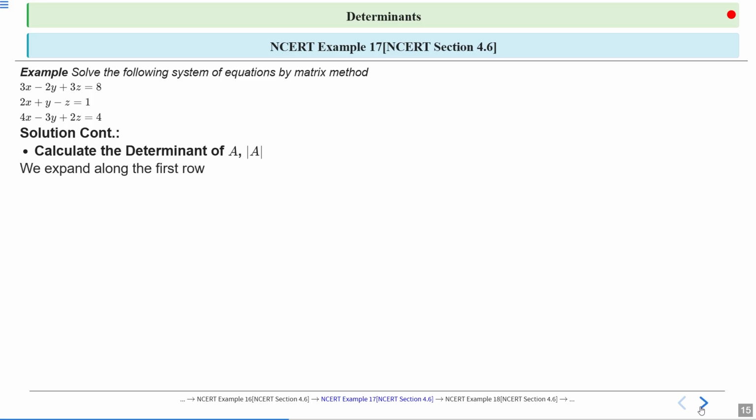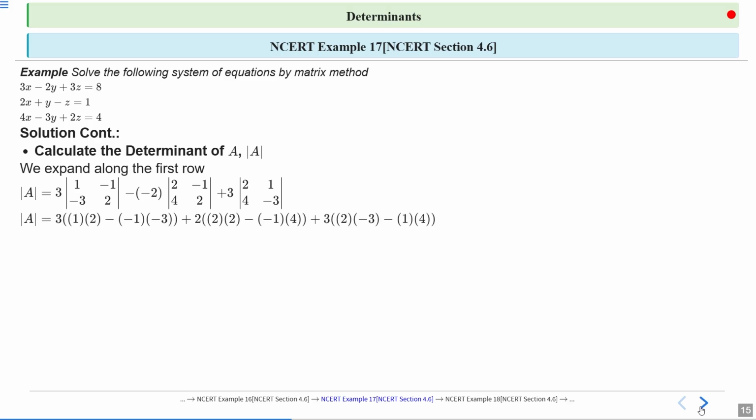To calculate determinant of A, we have to expand it along any row or column. So we expand along the first row. When we expand the matrix A along the first row, we get 3 into determinant of the 2 cross 2 matrix obtained by cancelling the first row and first column, [1, -1; -3, 2], minus (-2) into [2, -1; 4, 2] plus 3 into [2, 1; 4, -3]. Now simplify it.